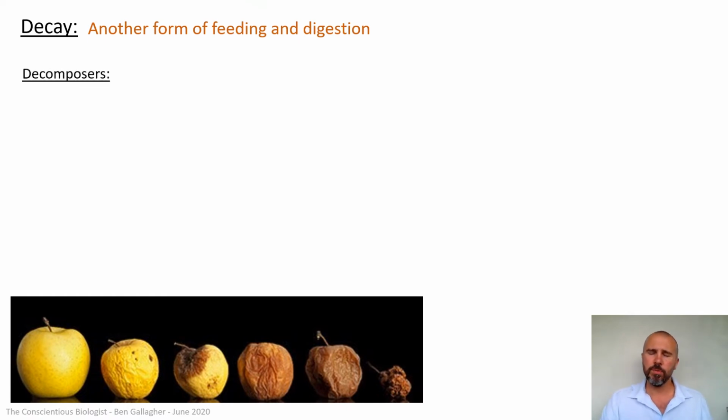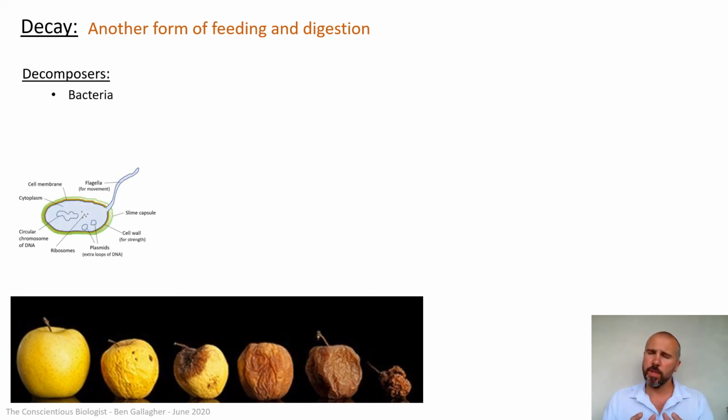We now know that there are distinct decomposers. These are organisms that are feeding on the material, but they're generally so small you can't really see them. Now, probably the most active decomposer are bacteria. I've thrown the picture back up there of the bacteria that we used way back in the cells 1 video right at the start of phase 1, just to remind you of a bacterial cell.